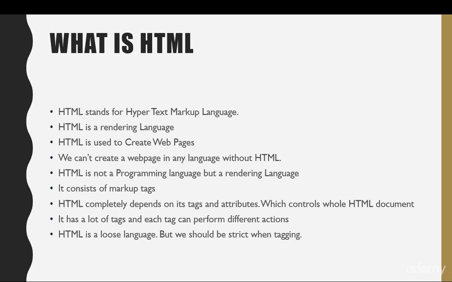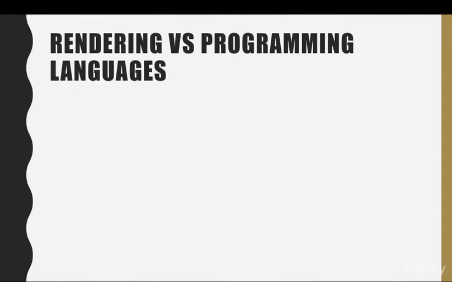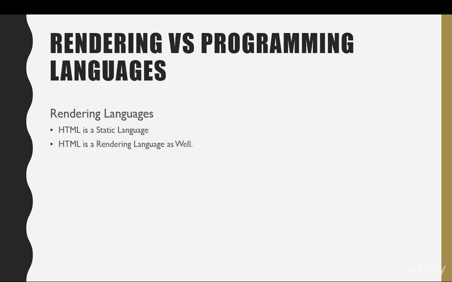However, it's not strict. By the way, something more I want to clear up: what's the difference between the rendering and the programming language? The rendering language is the first and the only language, HTML, so it's a static language. Any kind of rendering language is a static language. HTML cannot perform any mathematical function.